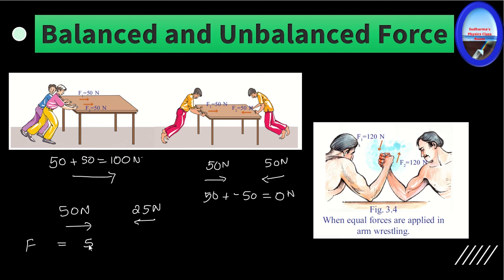This is equal to 50 Newton plus minus 25 Newton. We'll be getting 25 Newton in this direction because more force is acting in this direction. So the object starts moving towards the right side. This is how we understand balanced and unbalanced forces.